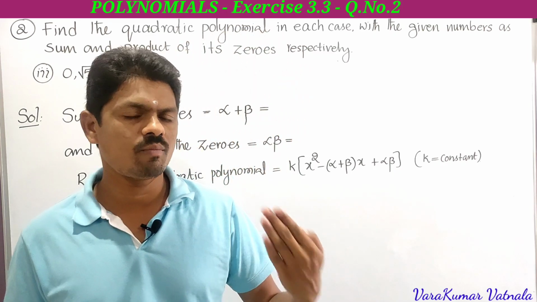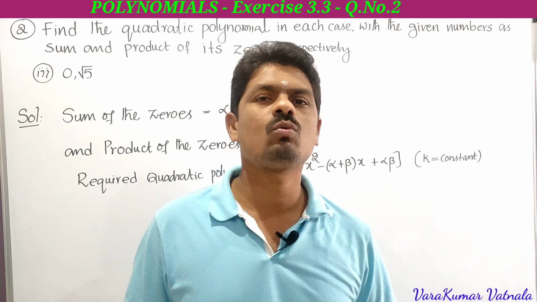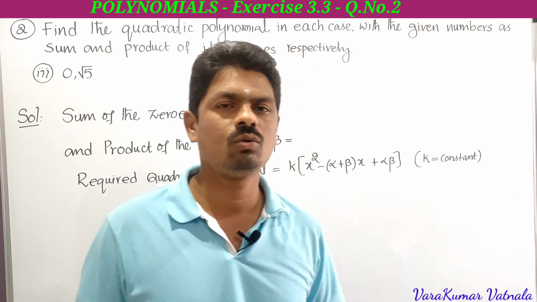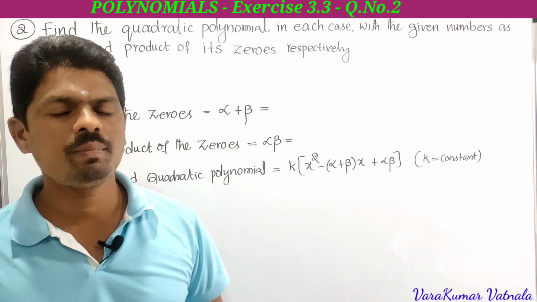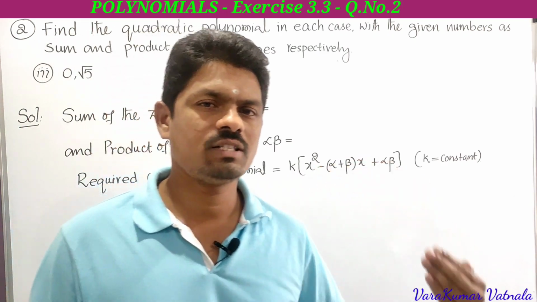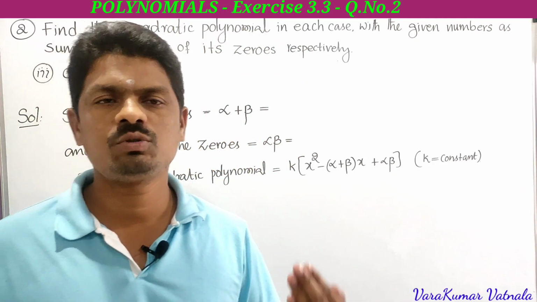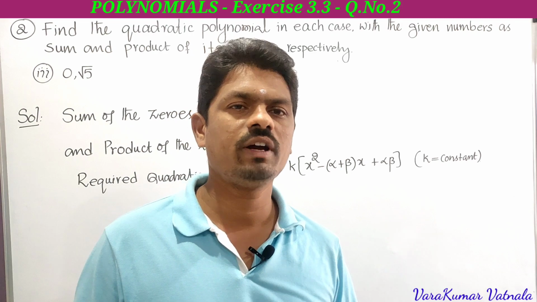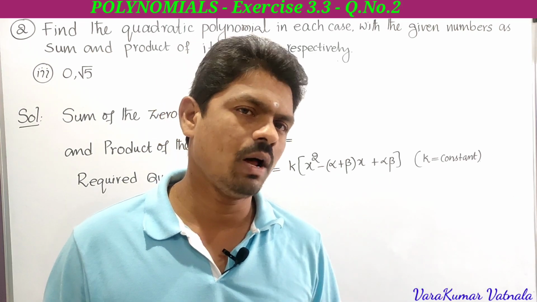If he gives the sum of the zeros and the product of the zeros, then the quadratic polynomial is equal to k into x square minus alpha plus beta into x plus alpha into beta. So that is the formula. We have to substitute alpha plus beta and alpha into beta values in the formula. We can get the quadratic polynomial.